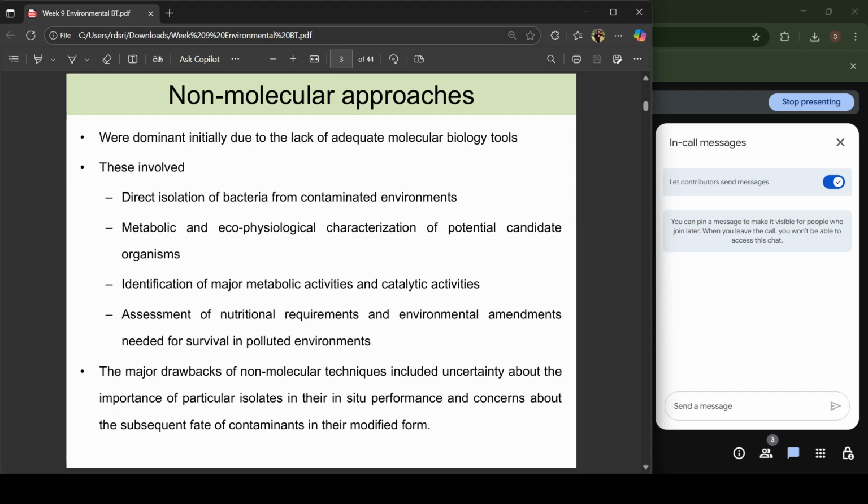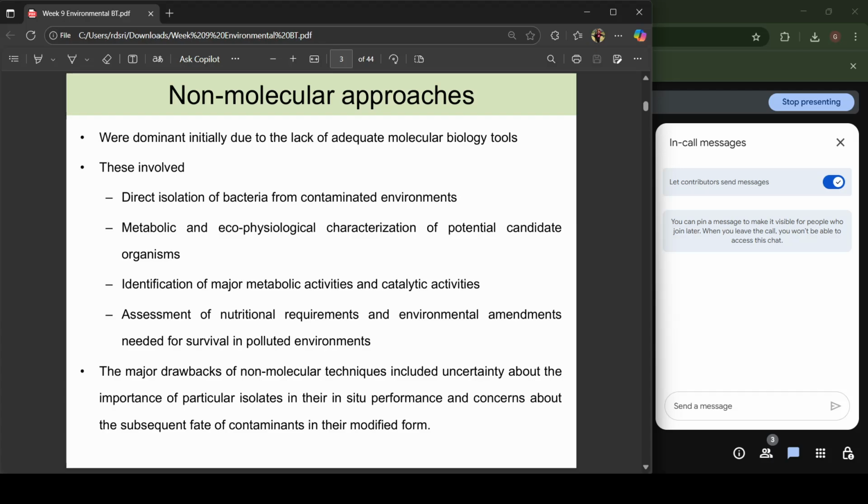After this, they also try to scrutinize the optimum nutritional and environmental conditions required for the growth of that organism. Based on this knowledge, they try to use that organism or a group of organisms for bioremediation processes.